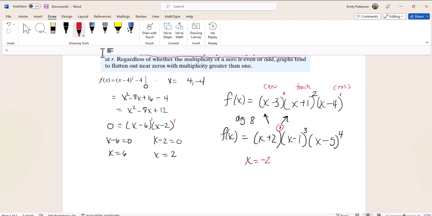This is odd, so it's going to cross. We're going to take the opposite of this, so it's going to be a root of 1 with a multiplicity of 3. That's odd, so it's going to cross. And then this is going to be a root of 5. This is even, so it's going to touch. So let's go over to Desmos and see if that actually is the case.